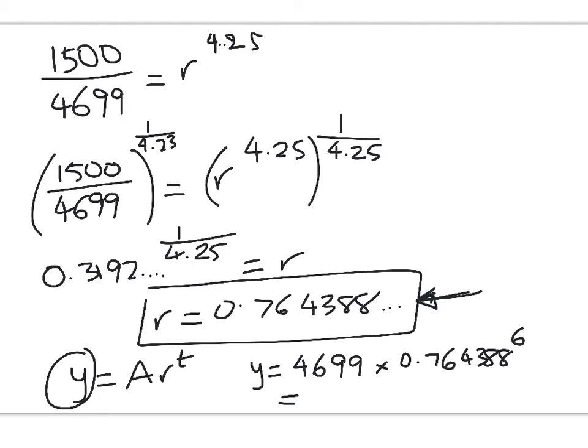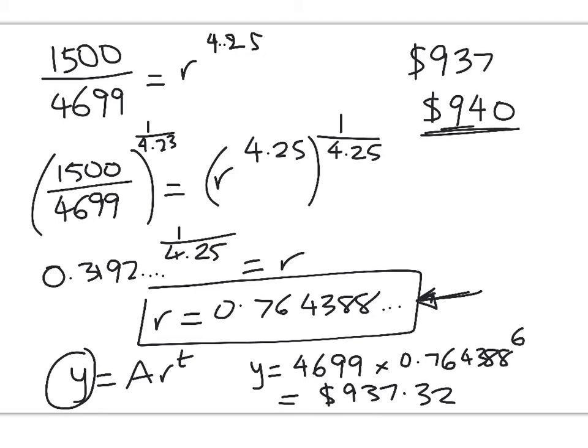And when I did that, I got $937.32. Now hopefully you're looking at that going, well, that's pretty stupid. Why would we round it to the nearest 2 cents? And so I think a good answer there would be that the computer would be worth about $937 after 6 years, but I haven't obviously seen the marking schedule yet. I'd probably say $940 is fine as well.